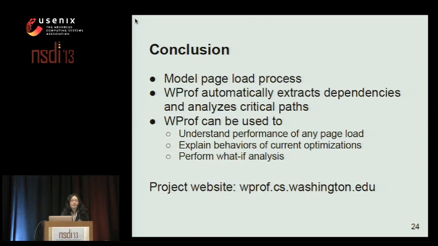So can you repeat your question? Yeah, sure. Your tool outputs the critical path with respect to the entire web page being downloaded. I'm curious, would your tool also be able to output the critical path for a certain component I might be interested in, but not the entire page? Yes, I think it can do that.